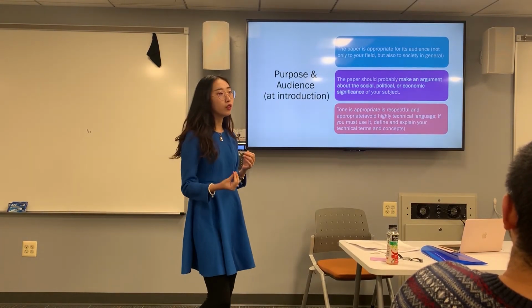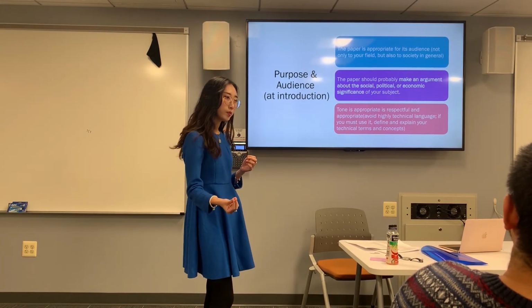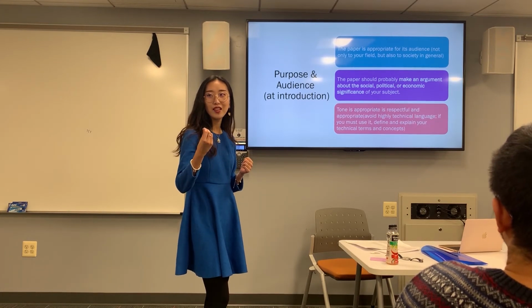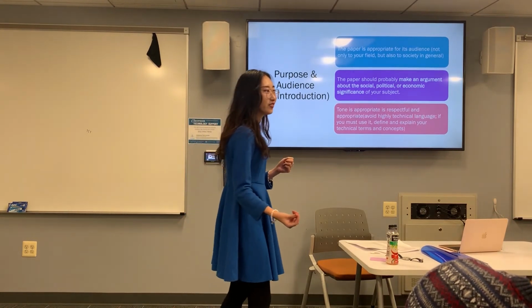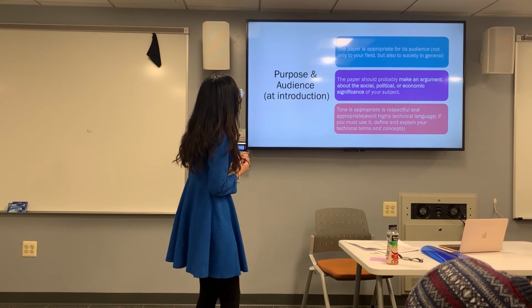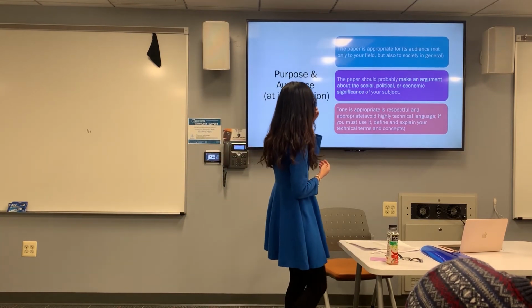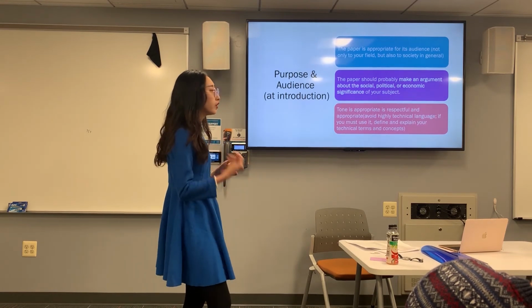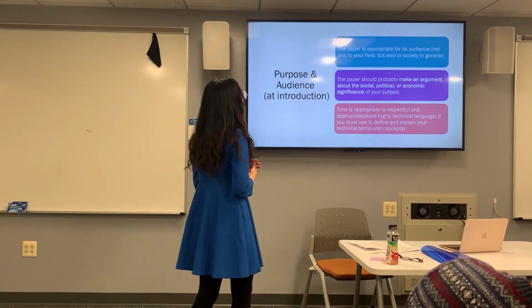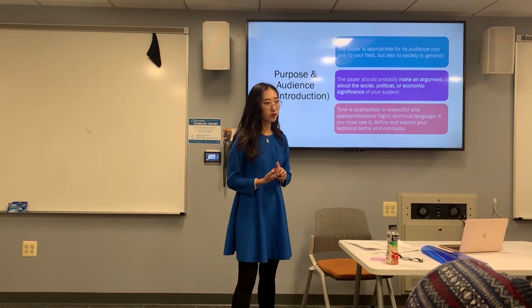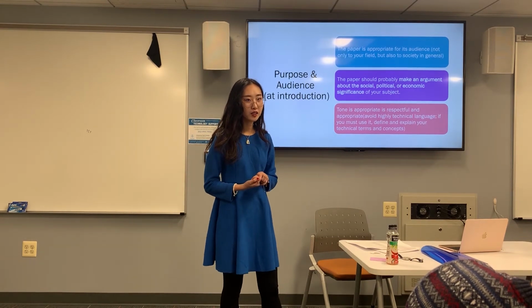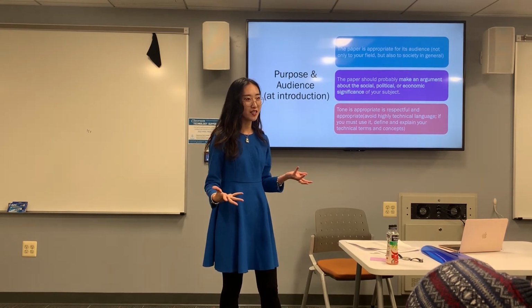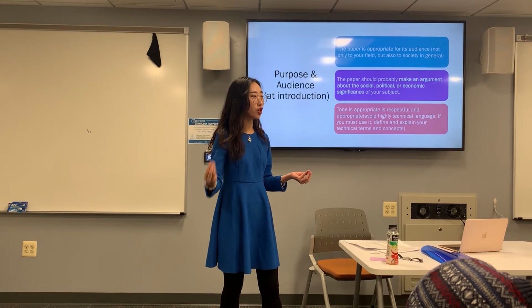So your paper is not only for the people in your field, but also the people in society in general. And also, your paper should probably make an argument about the social, political, economic significance of your subject. Why? Because your audience are people in society in general.